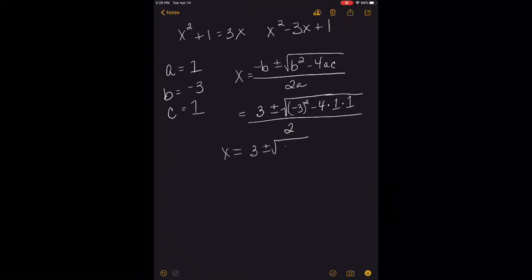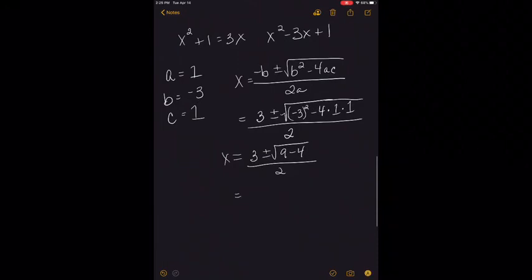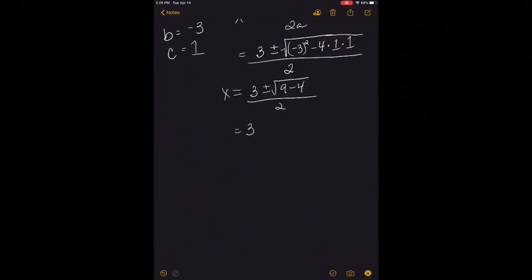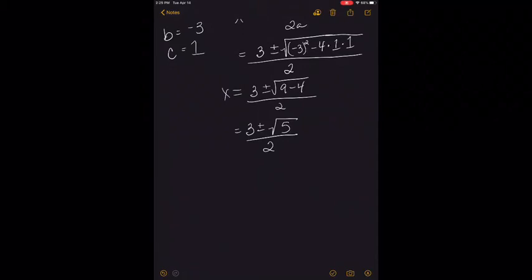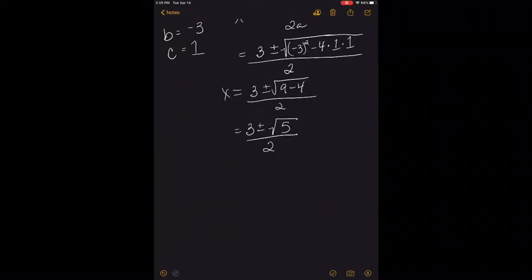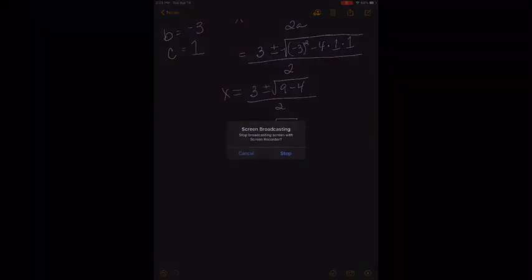So x equals 3 plus or minus the square root of 9 minus 4 over 2. And at this point, we cannot simplify it anymore. So we're just going to leave it like that. Please try to complete the rest of it.